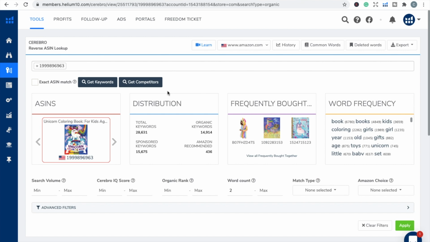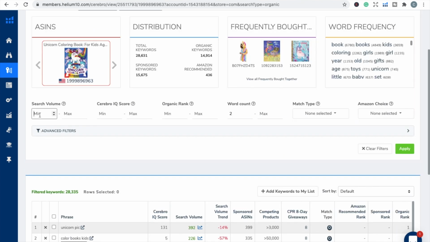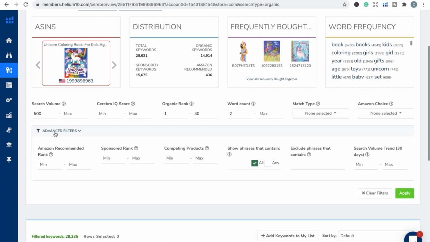Now, one thing I think is great as well is that you can see what the top organic keywords are for a book. Say you want to know which keywords this book is ranking for on the first page of results organically, meaning keywords that they haven't paid to rank for in ads. And let's say you want at least 500 searches per month in the top 40, because that's the first page of search results on Amazon.